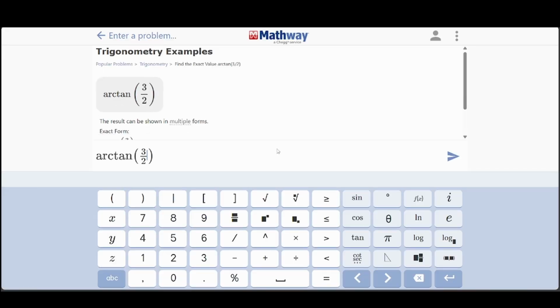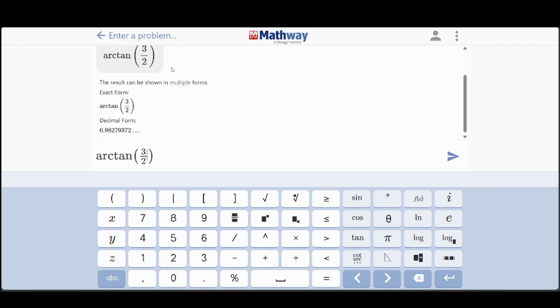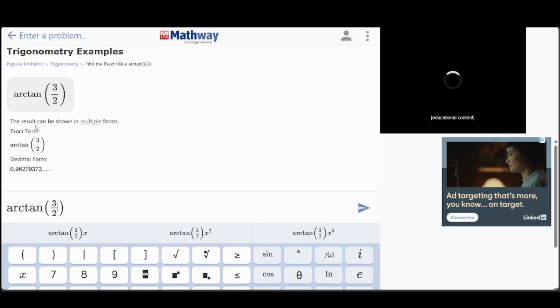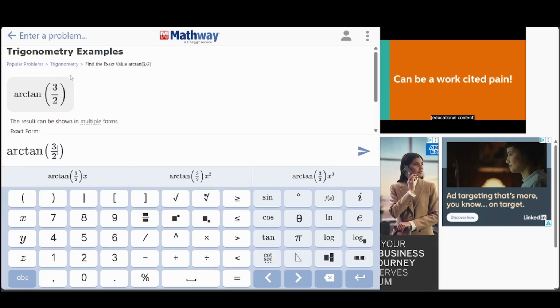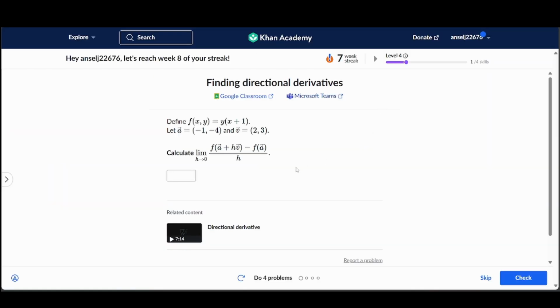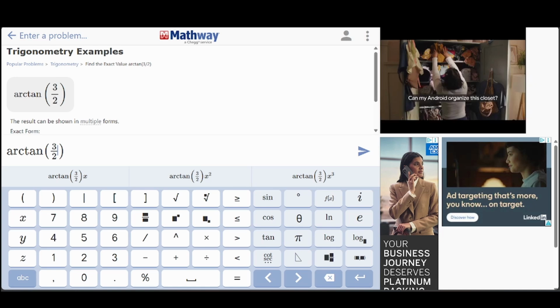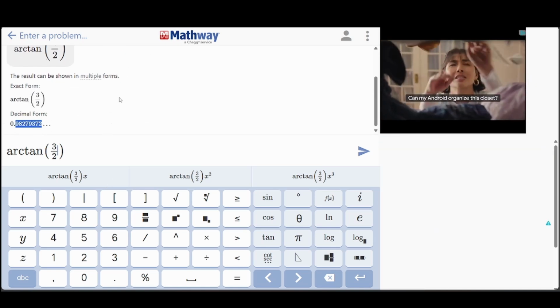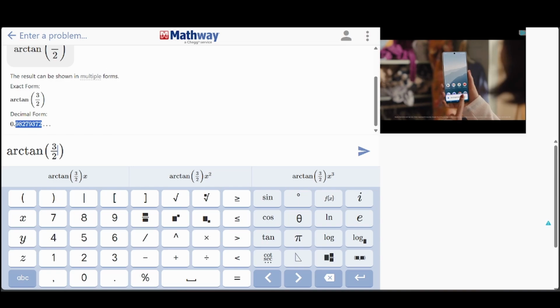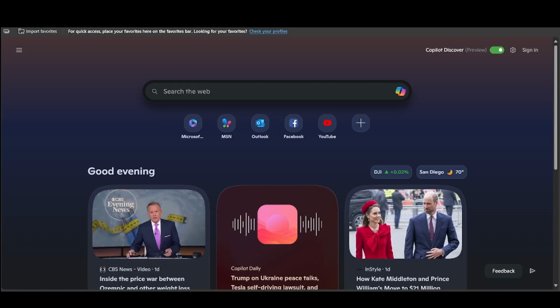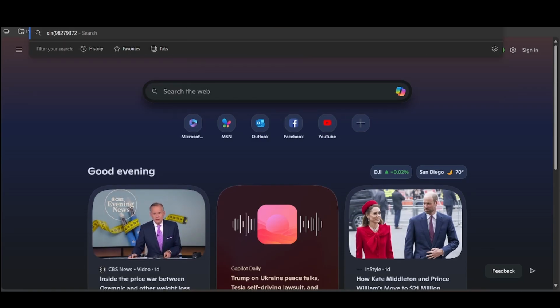Let's look at this thing. Bro, just give me the answer. Okay, it's this thing. It's this right here. That's how much it goes up. And then we just find the sine, the cosine of this.